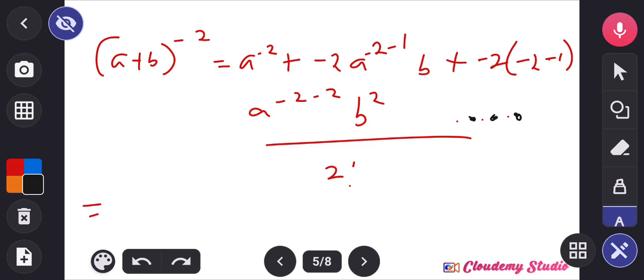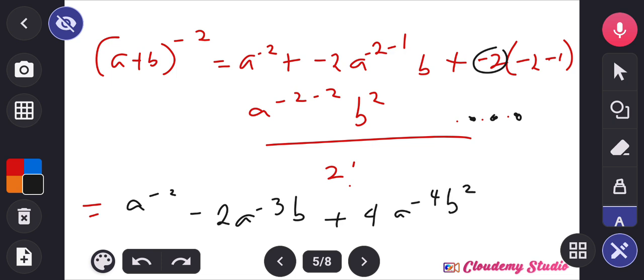So that will give us a raised power minus 2 plus, or you can even say minus 2a raised power minus 3b plus, that will be minus 2 times minus 2, that will be equal to plus 4, right? Plus 4 a raised power minus 4 b raised power 2, everything divided by 2 factorial. Then it continues like that. You are going to put that dot dot dot to show that it is an infinite series.